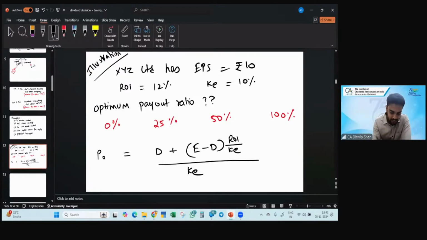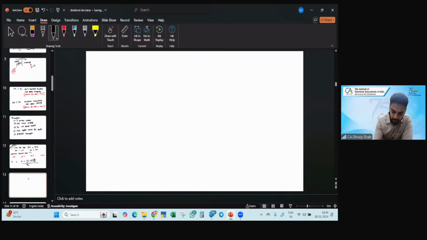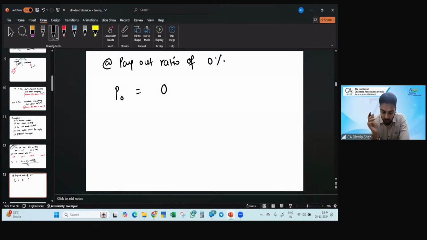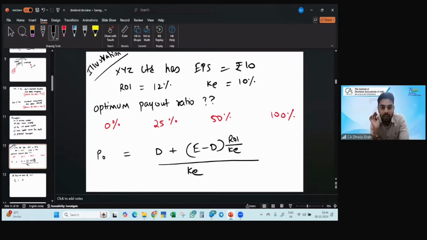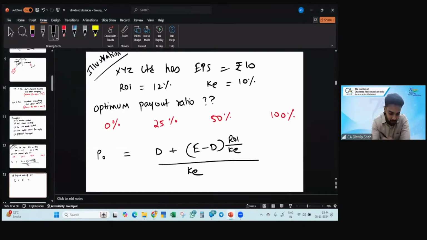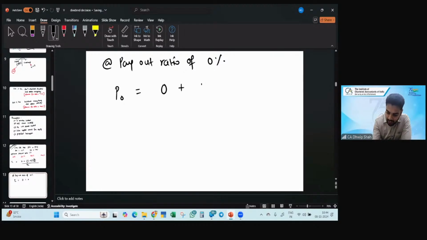Now let's take each scenario one by one. At a payout ratio of 0%, D is 0 because the dividend payout ratio is 0%, so the entire earnings would be retained with the company. Plus E is 10, D is 0, ROI is 12 means 0.12, KE is 10 means 0.1, the whole divided by 0.1.